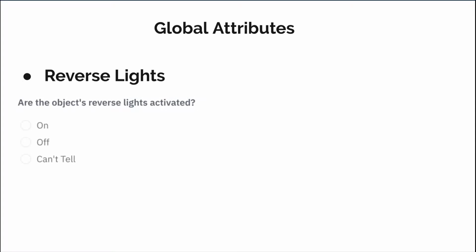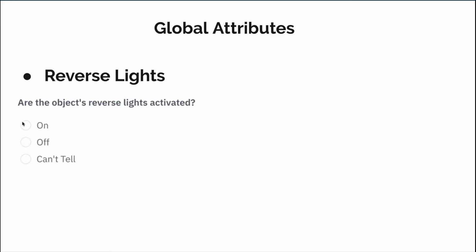Before we go into any lights and reverse lights, I'm going to talk a little bit about what a global attribute is. Reverse lights is one global attribute. When reverse lights asks, are the object's reverse lights activated, on, off, or can't tell can be selected.